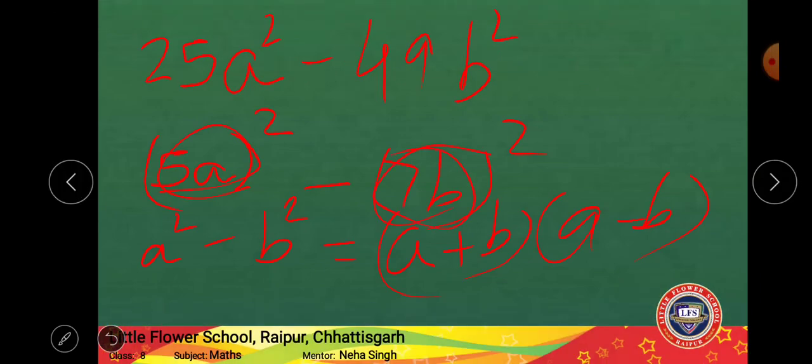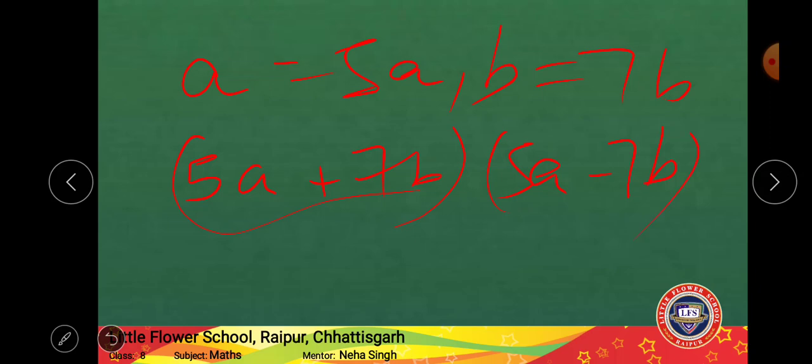So, value of a here is, see how much? 5a. Right? And value of b here is how much? 7b. Right? Now, so formula will be 5a plus 7b and 5a minus 7b. So this is the solution.